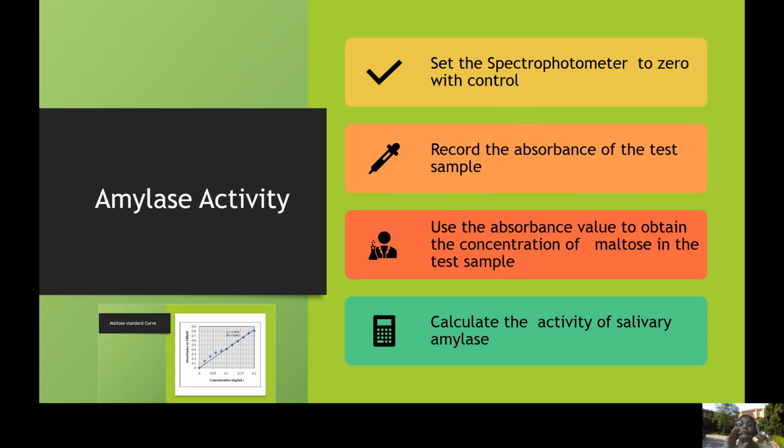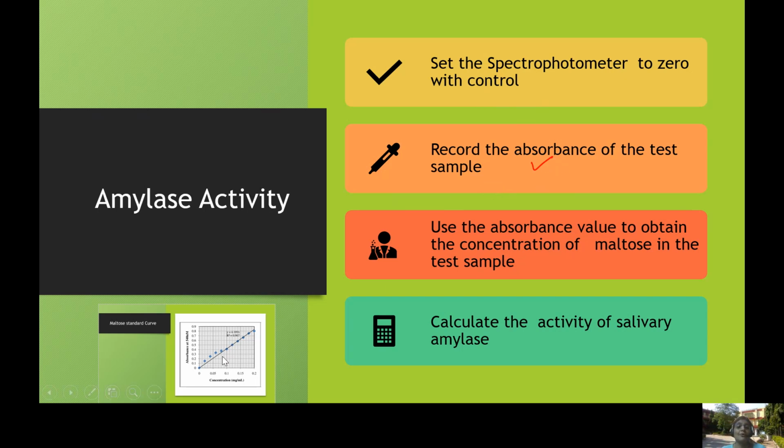Okay, so you are zeroing all other species except for your 3-amino-5-nitrosalicylic acid, which is formed by the reduction of DNSA by maltose. Okay, then record the absorbance of the test sample.